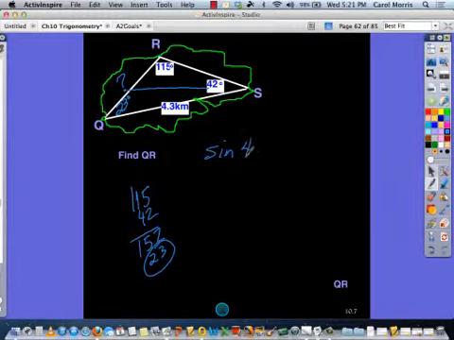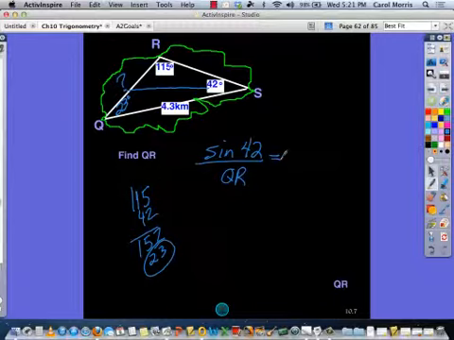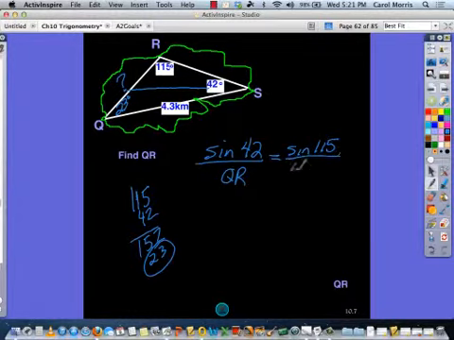And so the sine of 42 is to QR, which we don't know. Now ask yourself again, which others are given? Well, I could use angle Q if I had its edge opposite it. We don't. I do have angle R, so I'm going to have to use that. So the sine of 115 is to 4.3 kilometers. Again, we are going to have to use the idea of cross products.